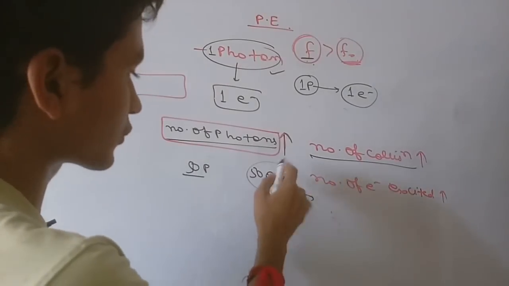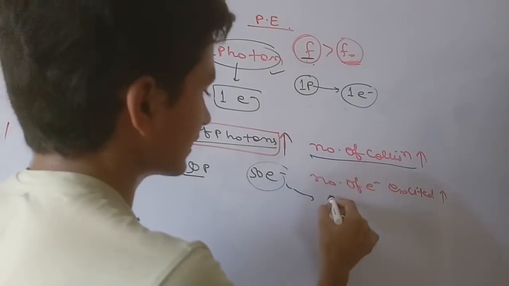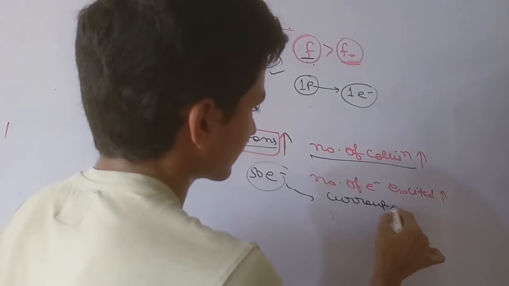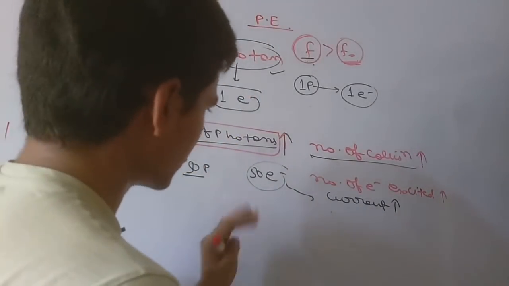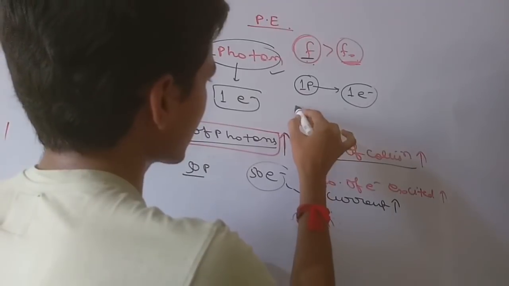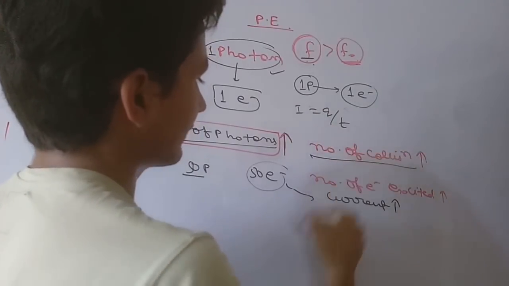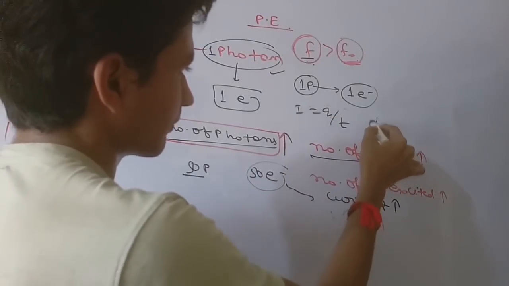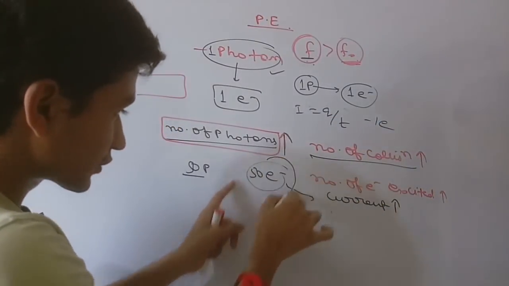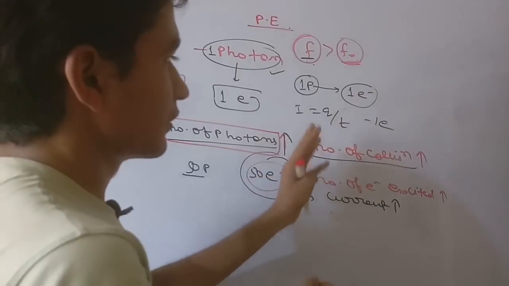And if the number of electrons excited increases, then the current will increase. Why is current increasing? Because I have told you that current is charge upon time. One electron's charge is, suppose, minus e. When we suppose 50 electrons, it means 50 e.